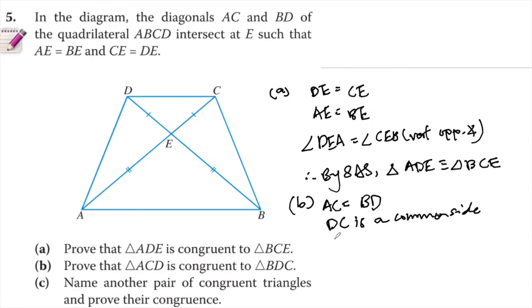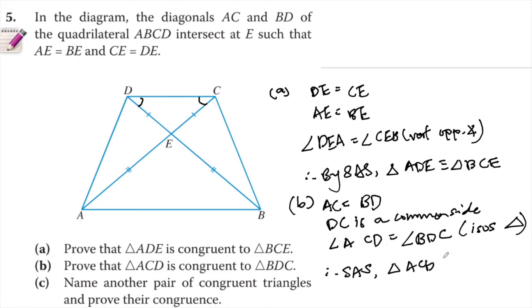So we also know that angle ACD is equal to angle BDC because of isosceles triangle. Look, this is isosceles, right? So these two angles are the same. So therefore, what we have is side, angle, side. Triangle ACD is congruent to triangle BDC.